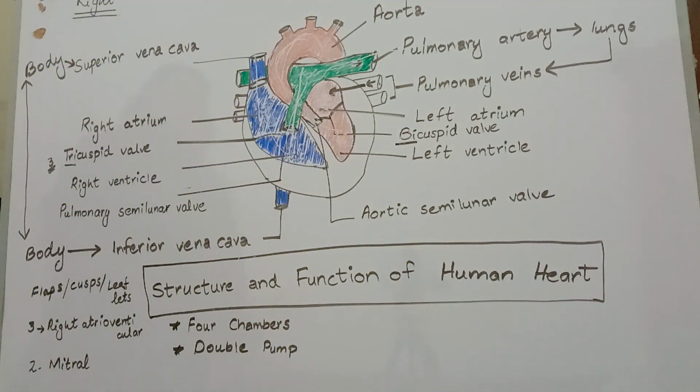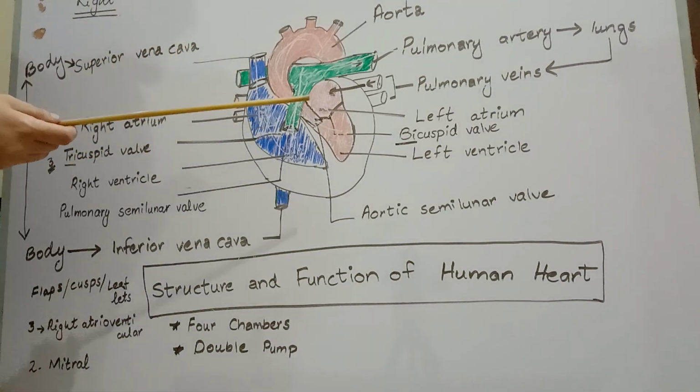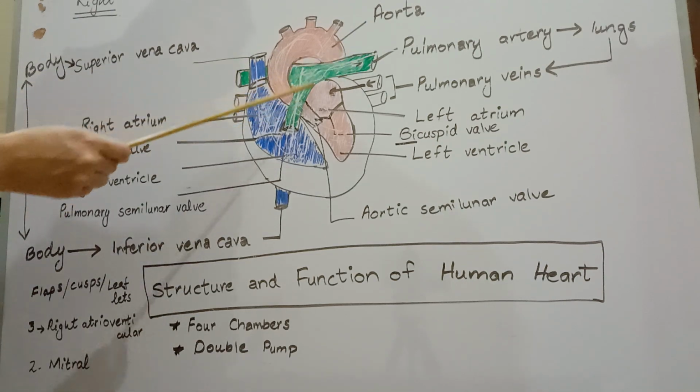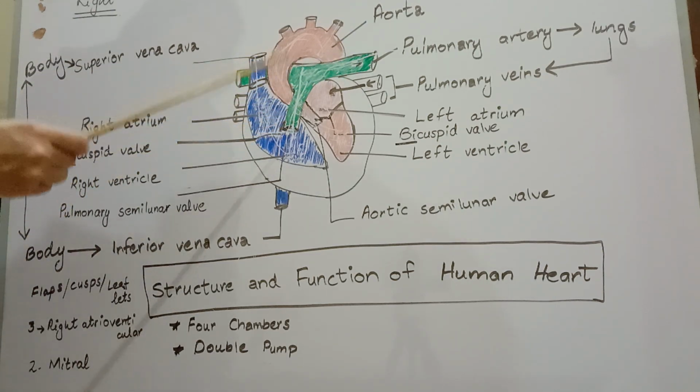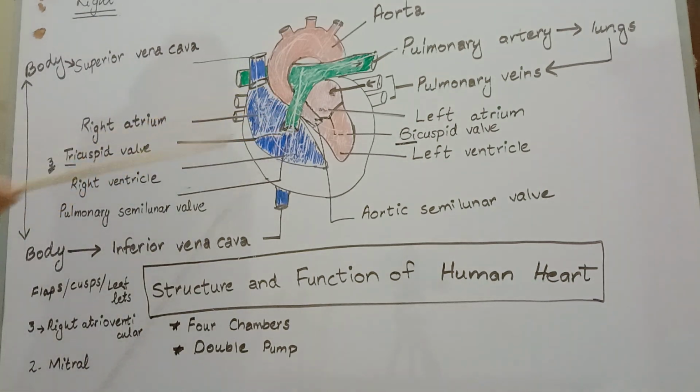The remaining two valves are present in the heart's great vessels. The first is in the pulmonary trunk. This is the pulmonary trunk, and at its base a valve is present, called the pulmonary semilunar valve.